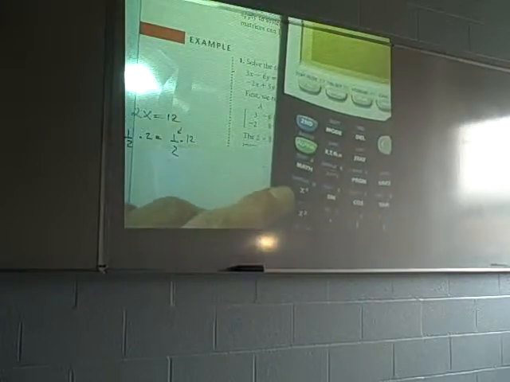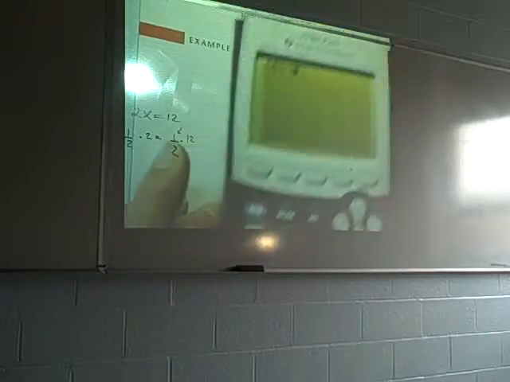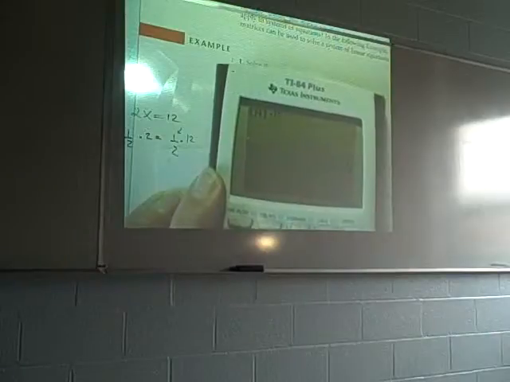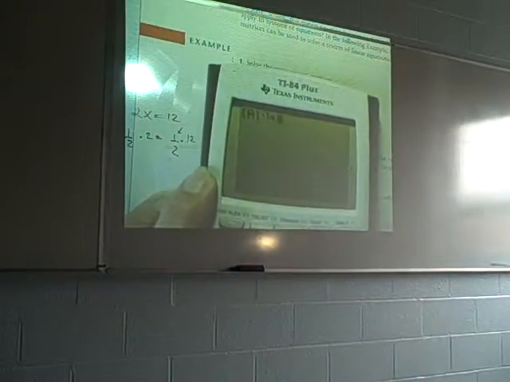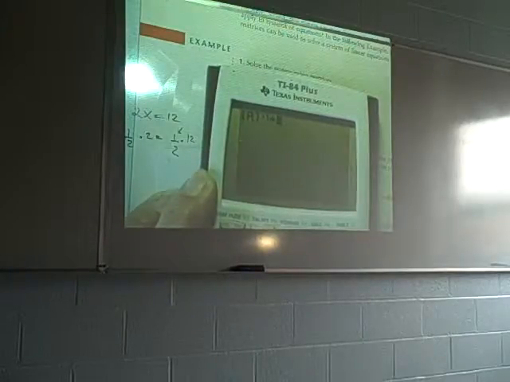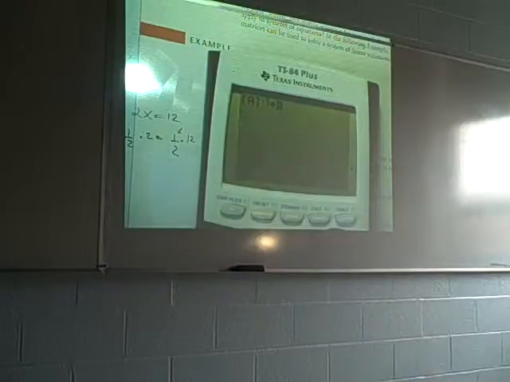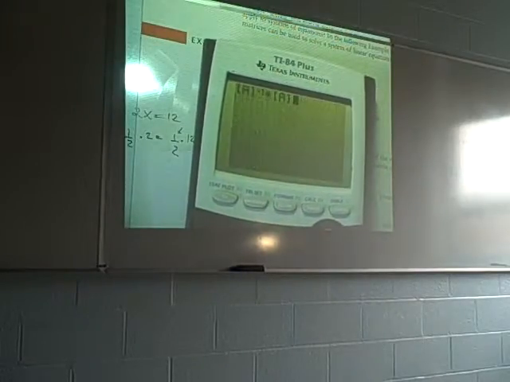So I'm going to hit x to the negative 1. And now I'm multiplying that, so I'm going to hit multiply. What am I multiplying the inverse with? The other one, A. So I'm going back and I'm going to go second matrix, and I'm multiplying it by A.